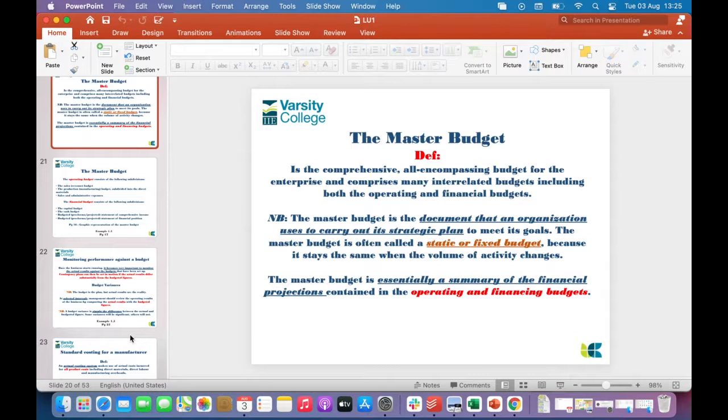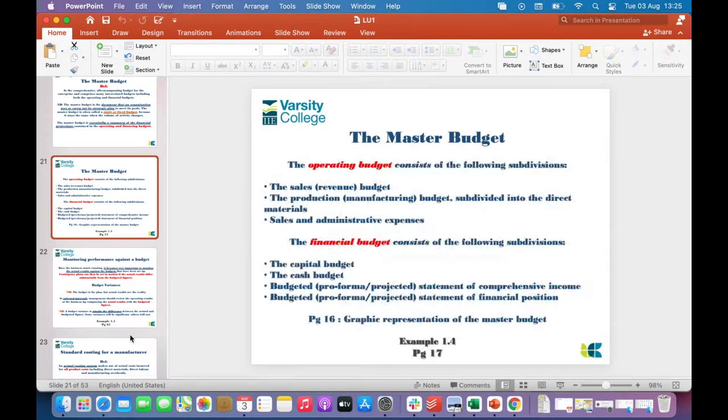The master budget is often called a static or fixed budget because it stays the same when the volume of activity changes. Just some side information: they might ask you a question like, what is the static or fixed budget? The master budget is essentially a summary of the financial projections contained in the operating and financial budgets.